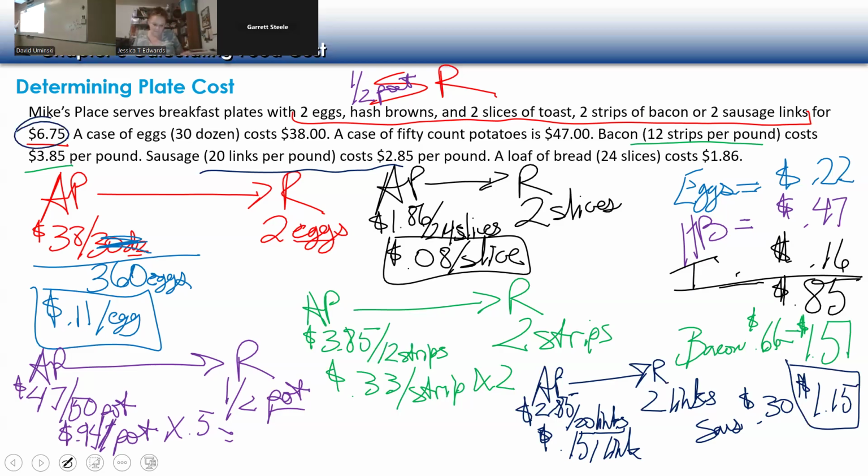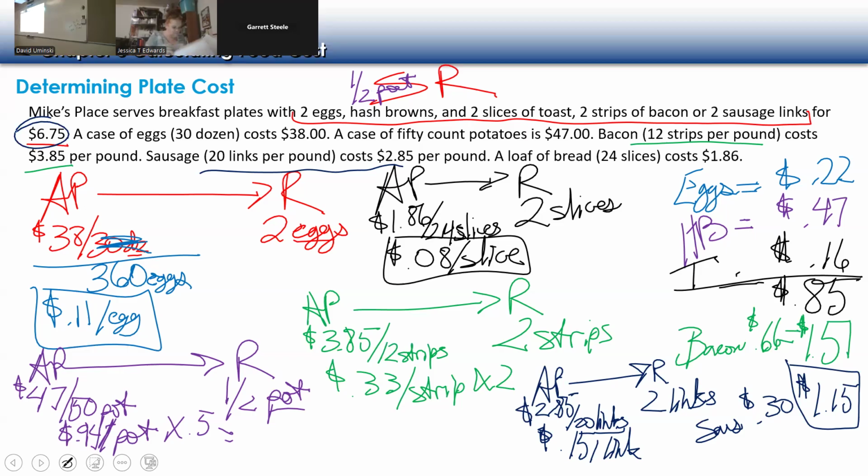Now, if I'm selling this for $6.75, and I'm trying to decide how I'm going to price out my menu price, would I use the sausage or the bacon cost? It's more expensive. So if I base my costs on the bacon, every time I sell a sausage plate, my profit's going to be just a little bit more.